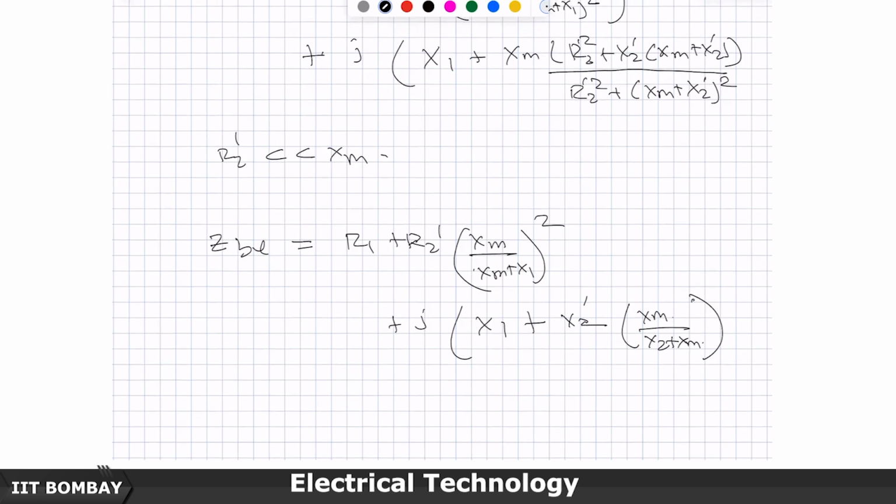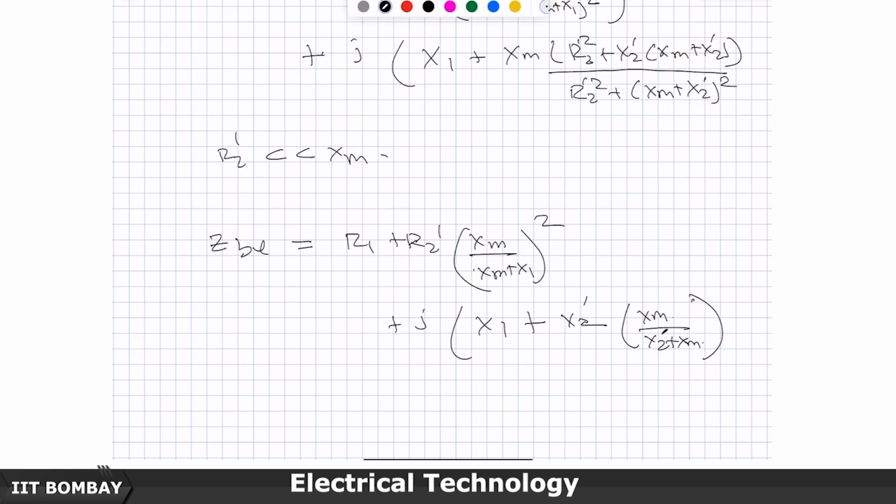So, you can now check here that this Xm sitting here cancelled out with this, leaving you X2 dash, divided by X2 dash plus Xm.